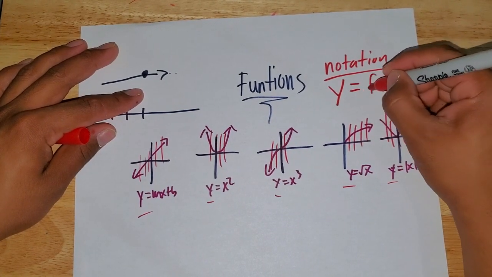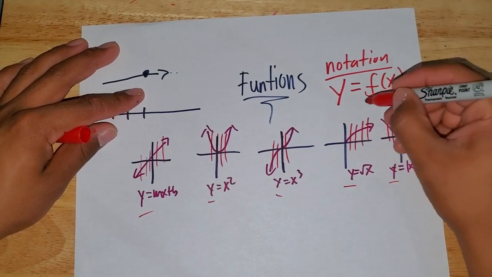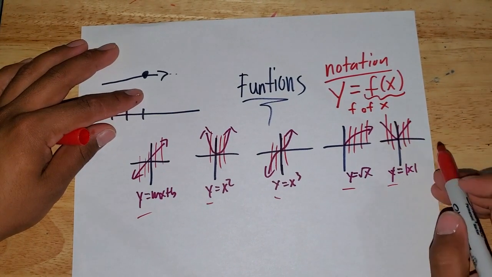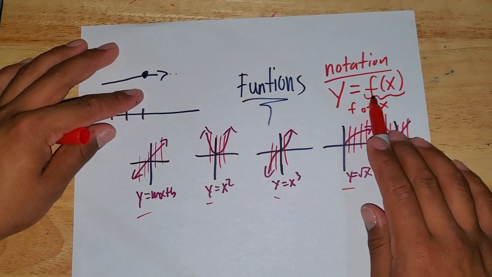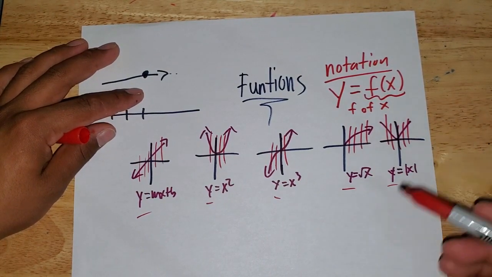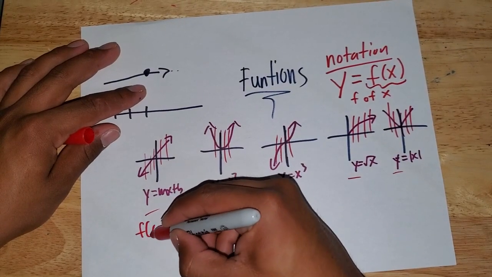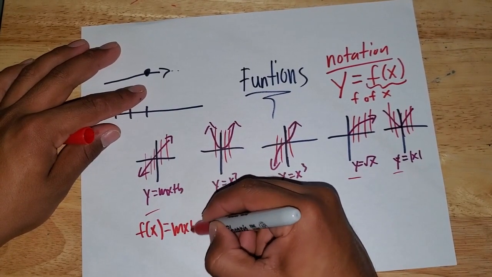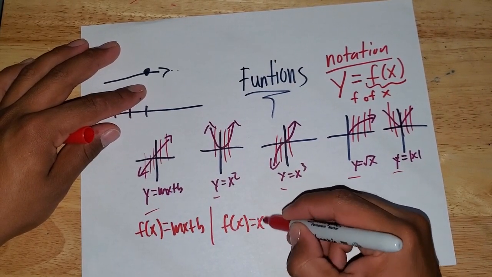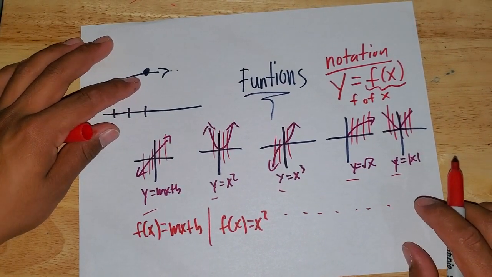We're going to make y equal to this, we call it f of x, because that means y is a function of x. That's what those definitions kept saying. Y is a function of x. So that means here I'm going to write f of x is equal to mx plus b. Here I'm going to write f of x is equal to x squared, and so on and so forth for all of these.